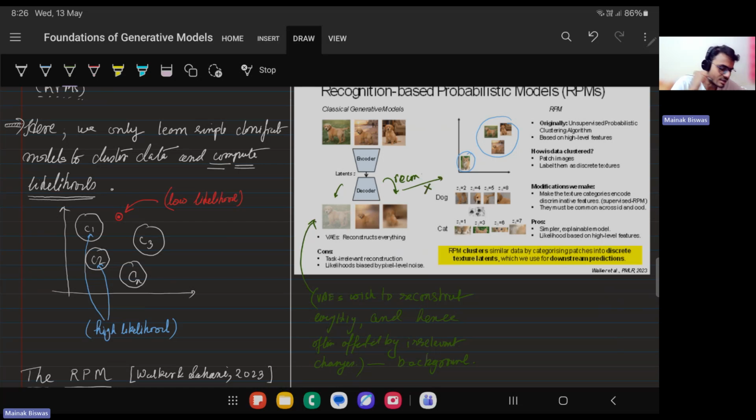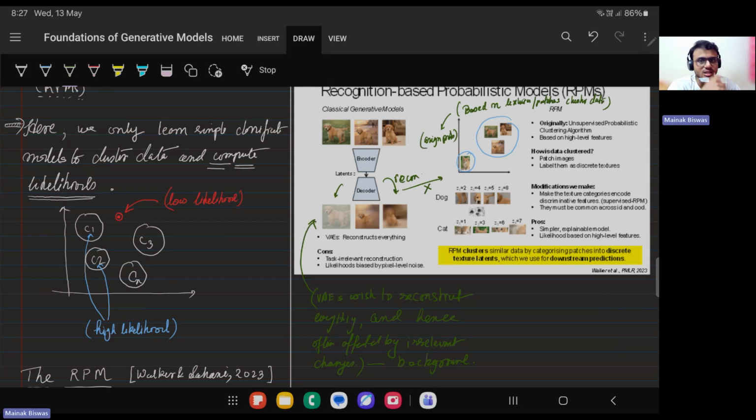So all I would need is, based on textures or patches, cluster data and see which are more likely and assign probabilities as well.